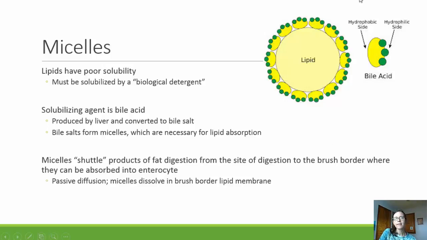You can see why a micelle is important, because we have the lipid here, and then we have these bile acids all along the outside, and that's going to help emulsify them so that they can be accessible to these enzymes. And when these fatty acids are in the form of micelles, then they can passively diffuse into the enterocyte.